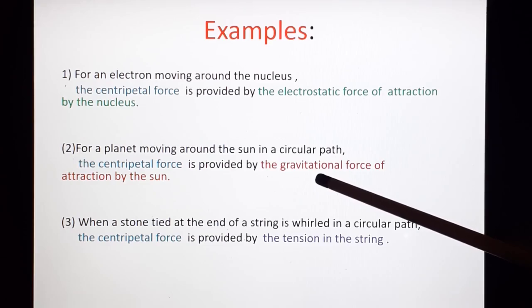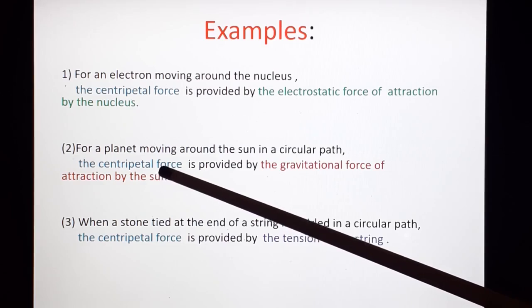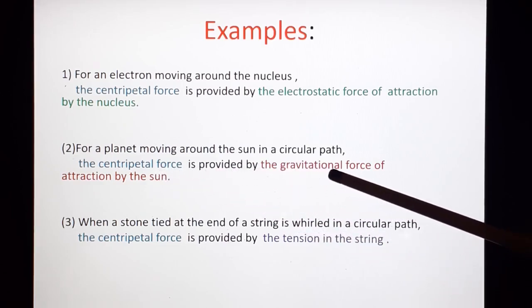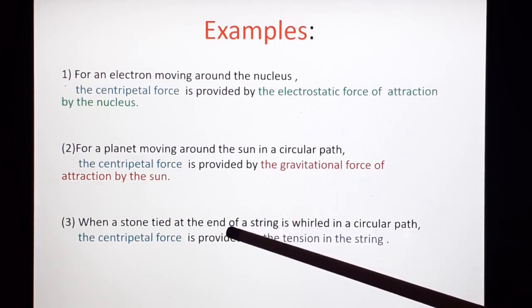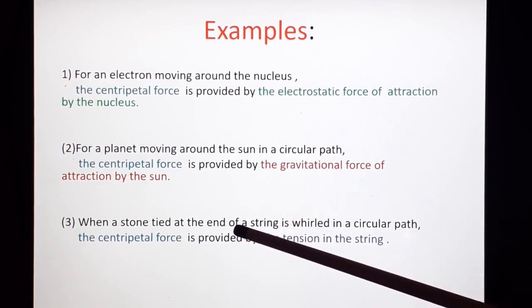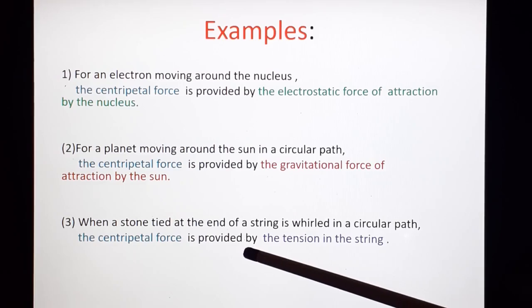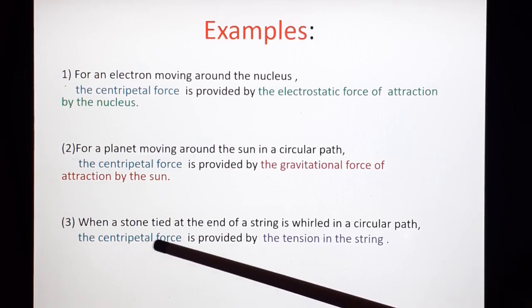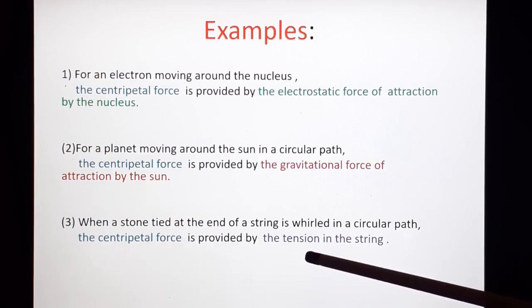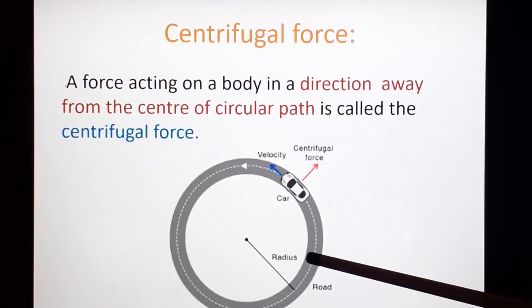That is the gravitational force of attraction of the sun. So here, centripetal force is provided by the gravitational force of the sun. Now if we are whirling a stone in a circular path with constant speed, then the tension in the string will keep pulling the stone towards the center. So here, centripetal force is provided by the tension in the string.